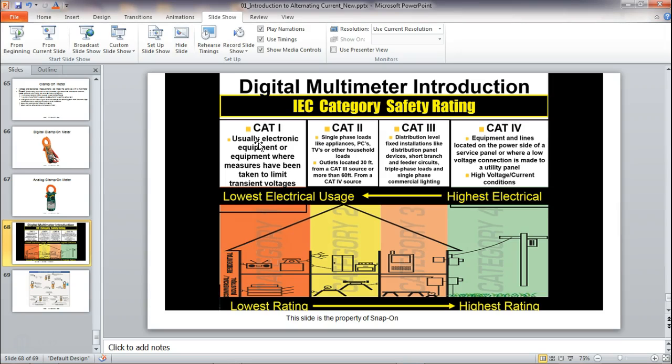If lightning strikes a power line, which it does all the time, this causes voltage spikes to fly down the line. Then you're in a high energy circuit, and that voltage spike comes in and jumps across your meter leads and creates an electronic arc, which creates ozone, which creates short circuits, and the meter blows up and the power source blows up and creates what we call an arc blast, which is not fun.